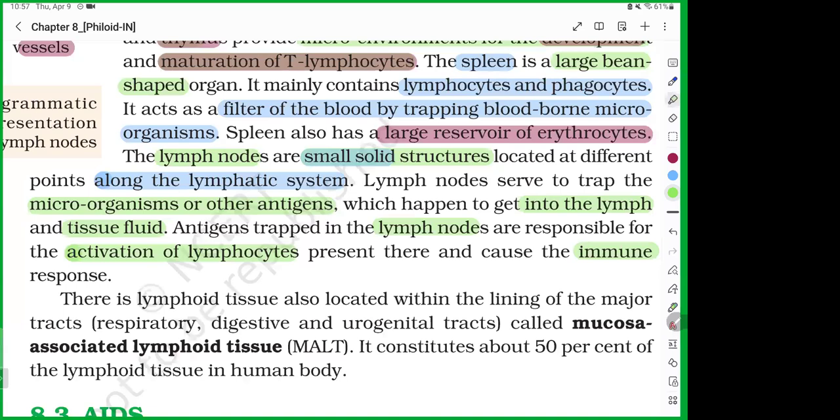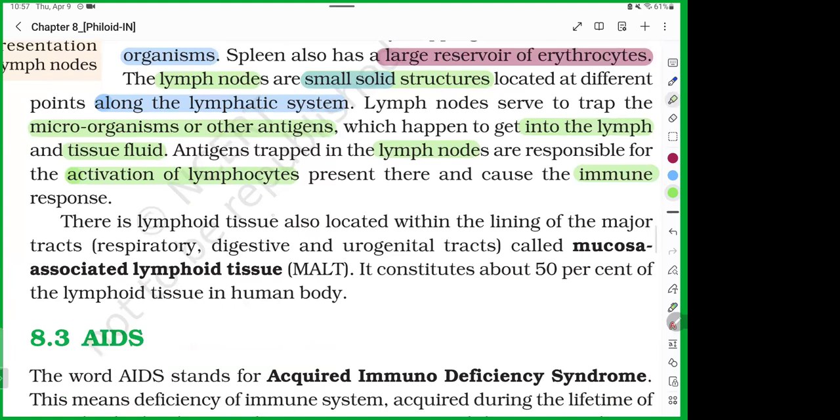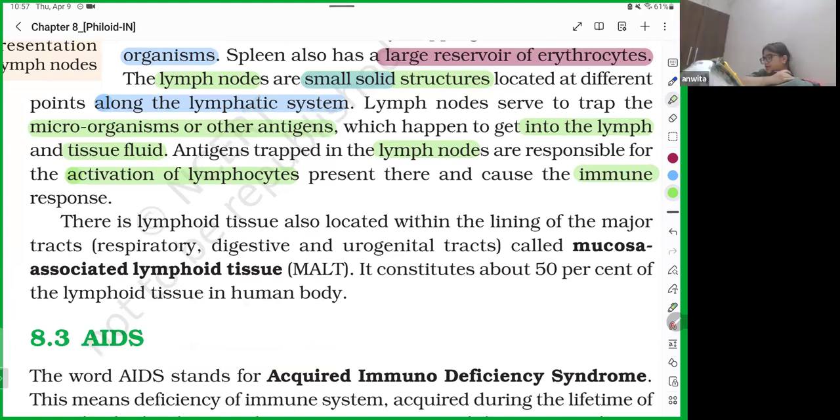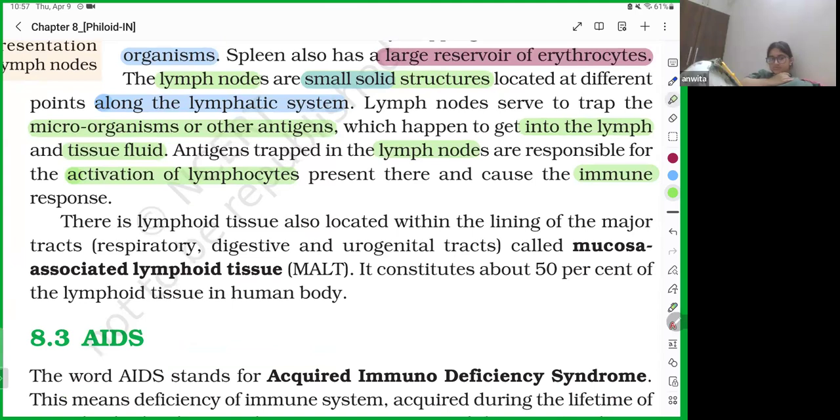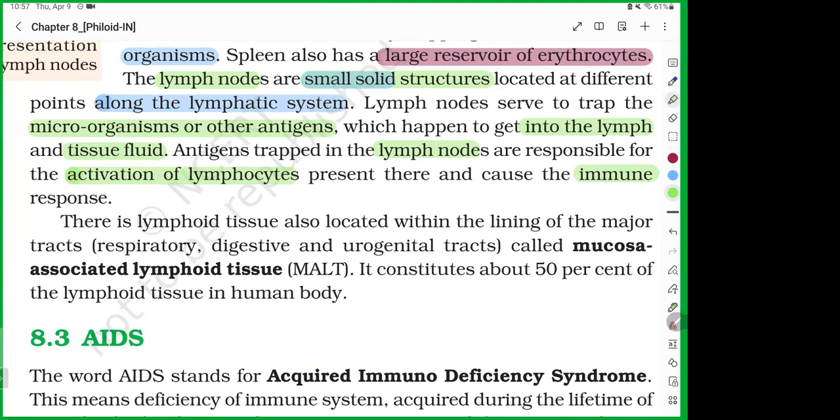The lymph node or spleen will trap the antigen. The antigen activates the lymphocytes, and the immune system will kill it. Correct? What kind of microorganisms are we talking about here? Bacteria, fungus, virus. For reference, you can take bacteria, but all microbes we are talking about.